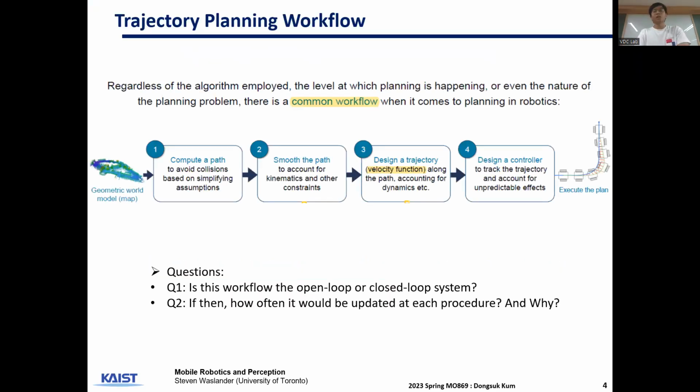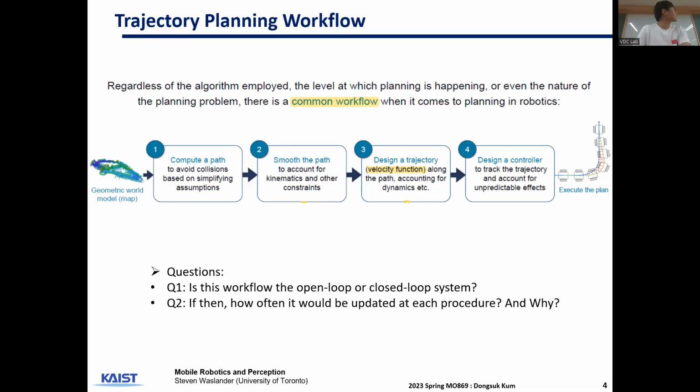In general, I think everyone has learned various planning algorithms in previous lectures. Regardless of which algorithm is used for planning, or at whichever level it is used in planning, the common workflow is generally the same in robotics.